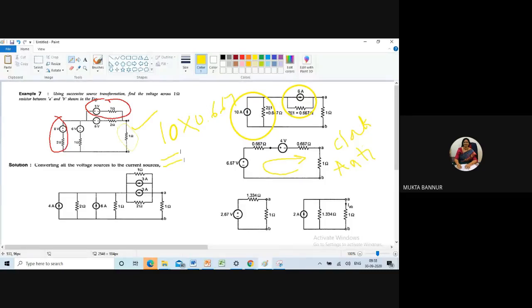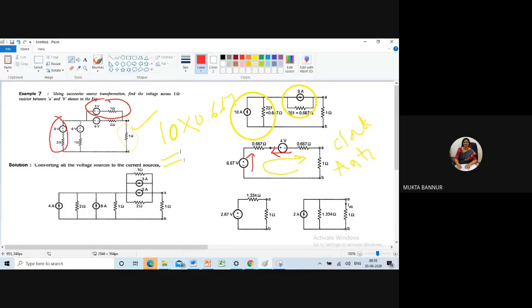Okay. See, this voltage source is acting in an upward clockwise direction. Trace it from here. Okay. What about this other voltage source? It is acting in the opposite direction. Is that point clear? So this is acting in a clockwise direction, whereas the 4 volt voltage source is acting in an anti-clockwise direction.